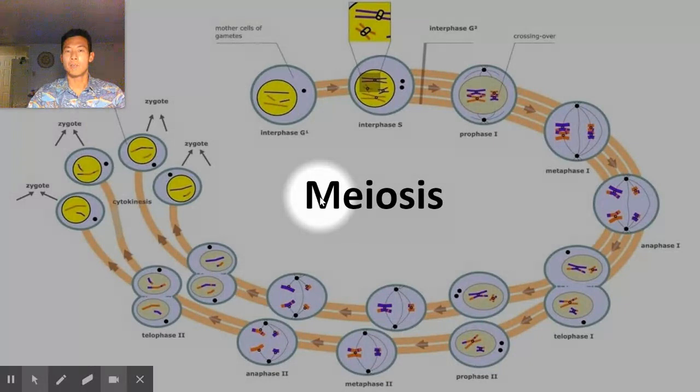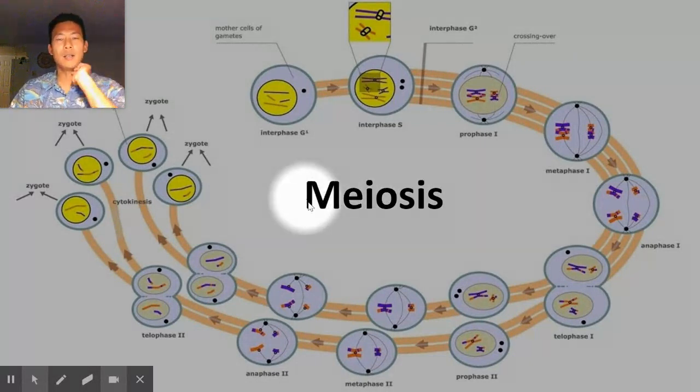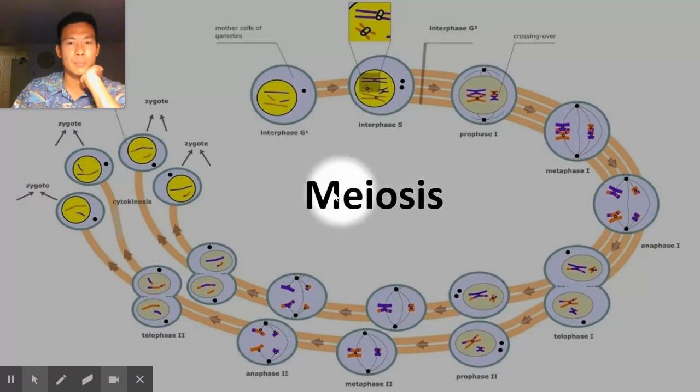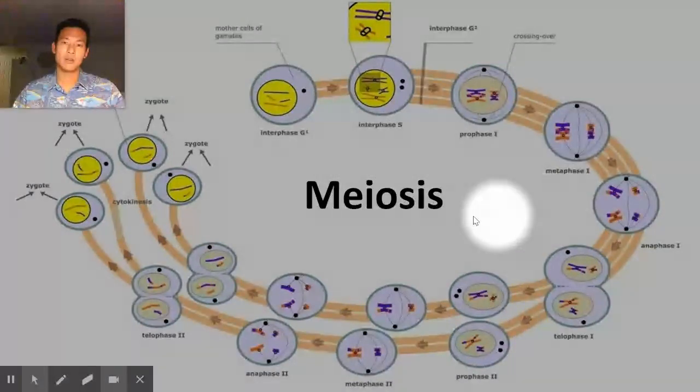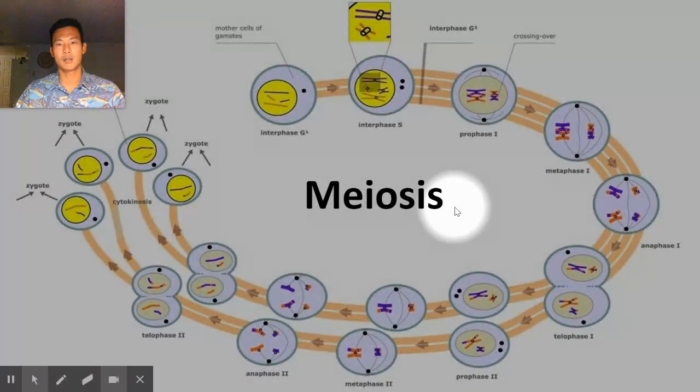In sexually reproducing organisms, mostly multicellular organisms, meiosis has the purpose of making your gametes, or sex cells. We will get more into that in a little bit. Also, the end product is different.